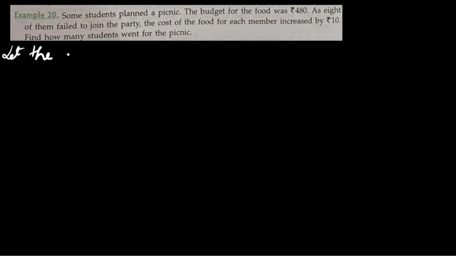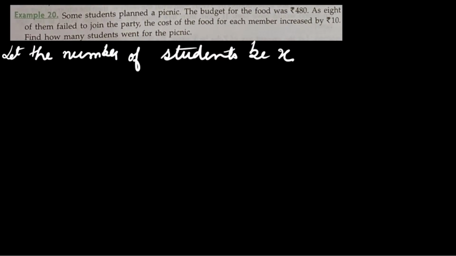Let the number of students be x. If x students are going, then initially the budget for the food was rupees 480. So this was the total cost of the food.